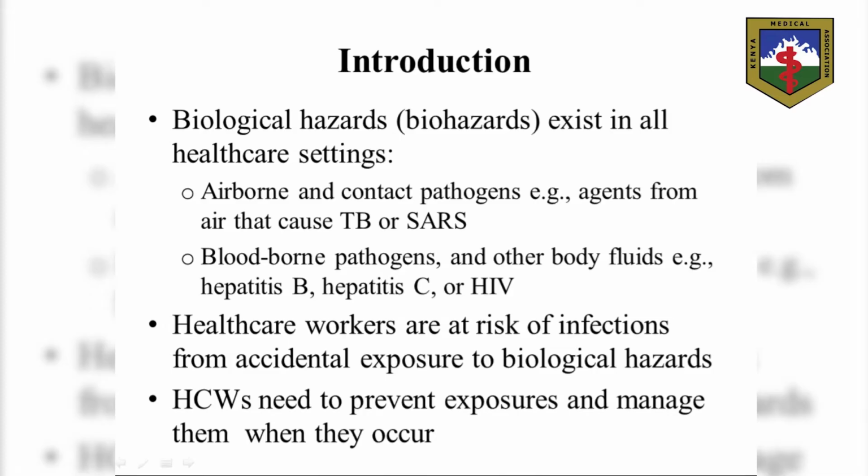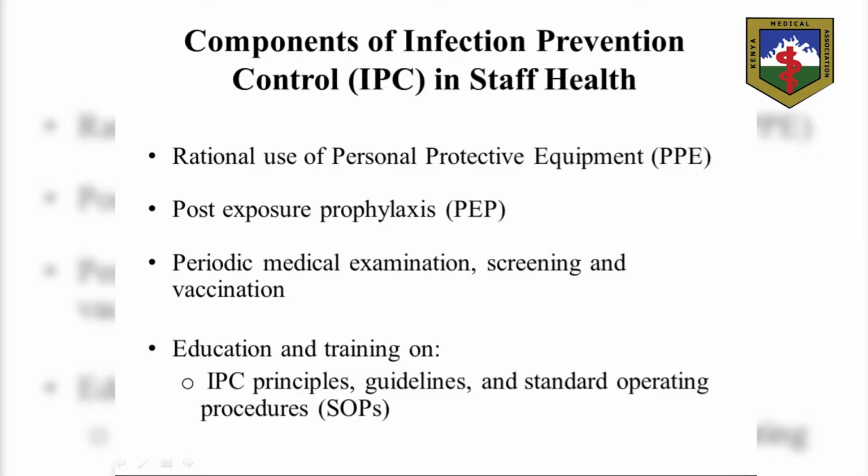Healthcare workers are at risk of infection from accidental exposure to such biological hazards. Healthcare workers need to protect themselves from exposure to such hazards when they occur. The components of infection prevention and control in staff health: one, there is the rational use of PPEs.